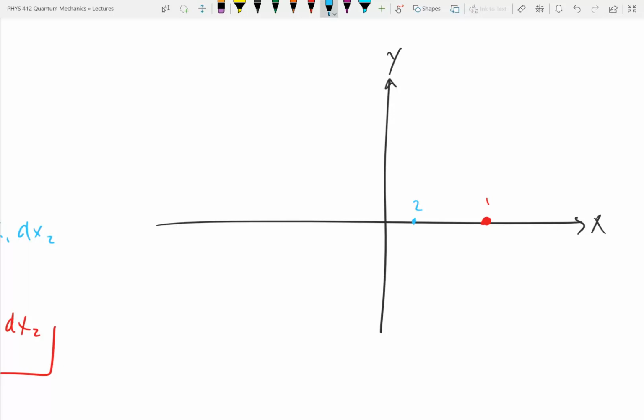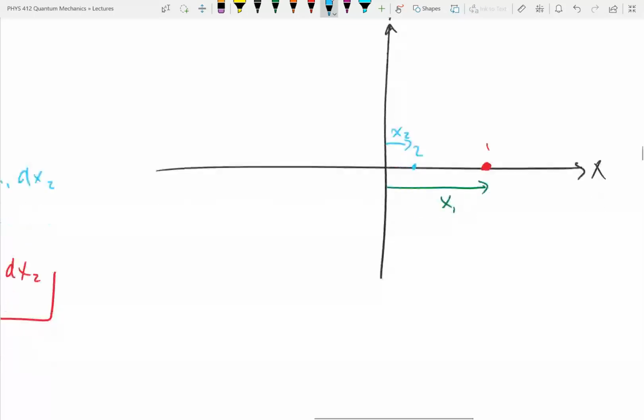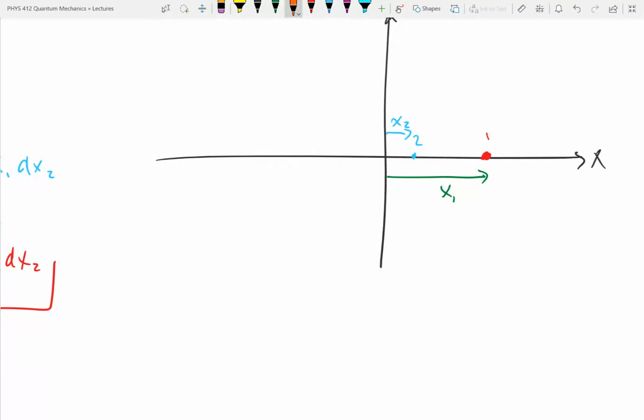We're measuring x1 is going to be that, and x2 is that, right? We're just measuring from the origin to x1 or x2. Okay. And then when I have the expectation value of x, if the expectation value was here, then this here would be my expectation value for x.